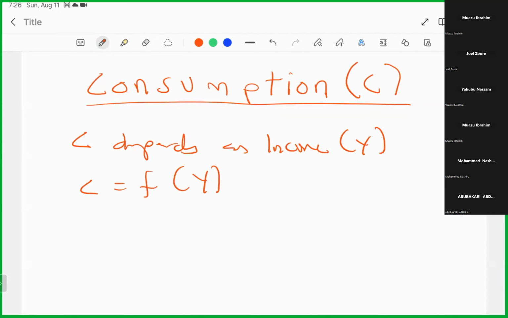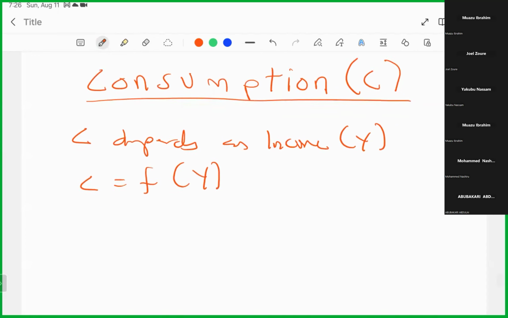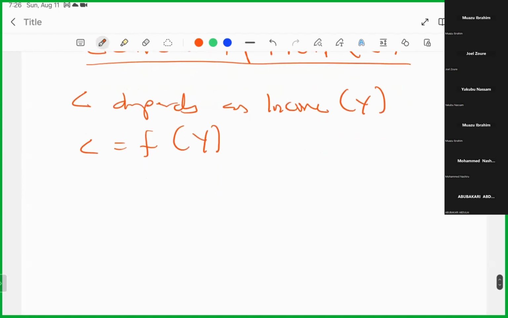And this particular Y, the income, includes taxes. So it is not all the income that you earn that actually belongs to you, because you need to remove the taxes. The income that you will have after removing the taxes is what you will use to consume.